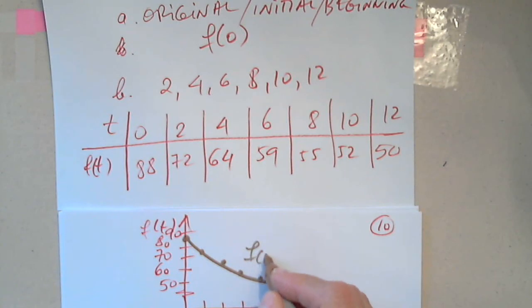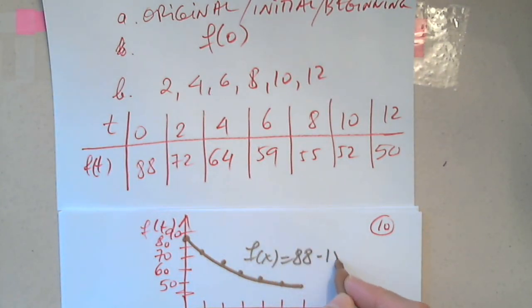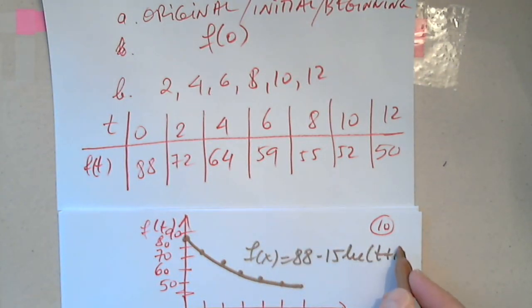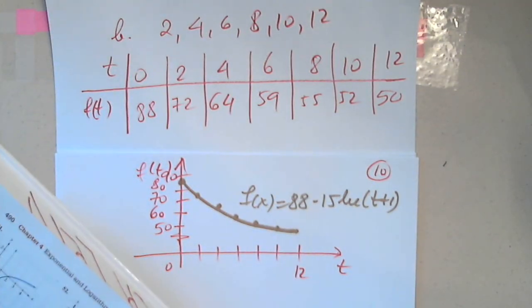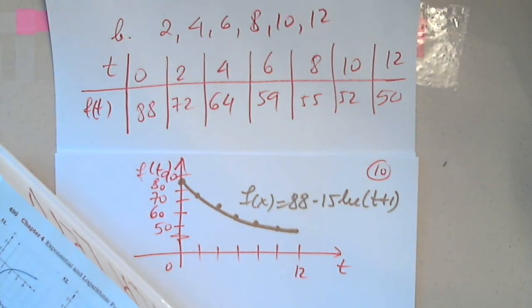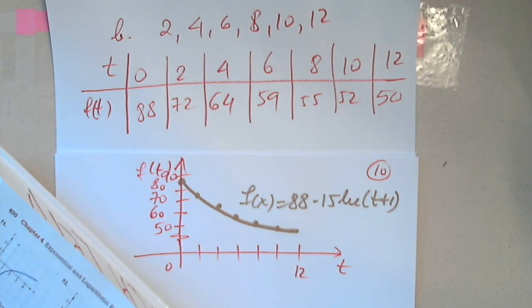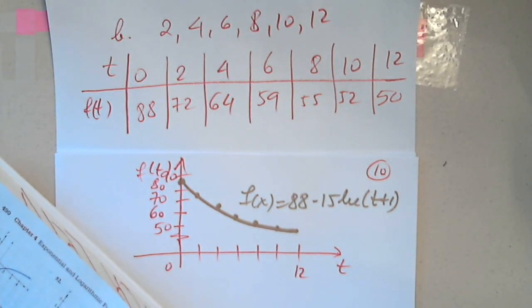So this is the graph of 88 minus 15 natural log of t plus 1. Like any other function, but it just has a special graph. Okay, let's look at another word problem.